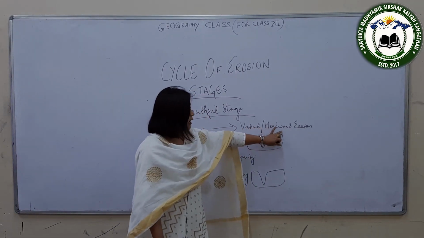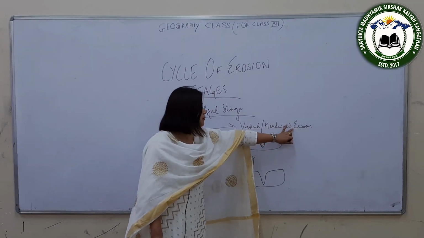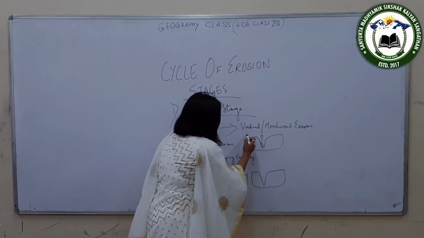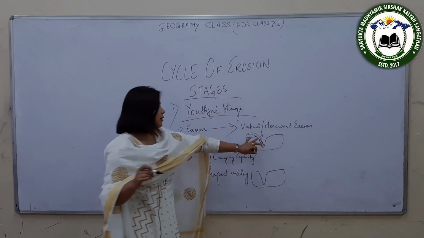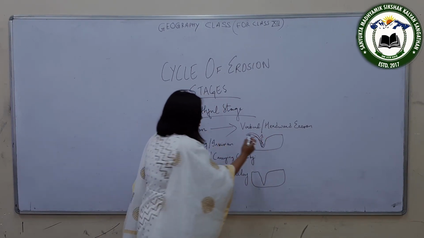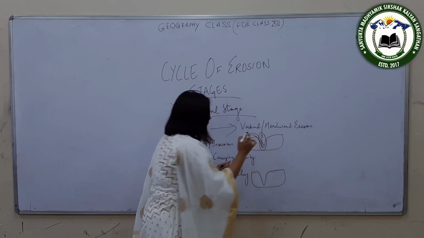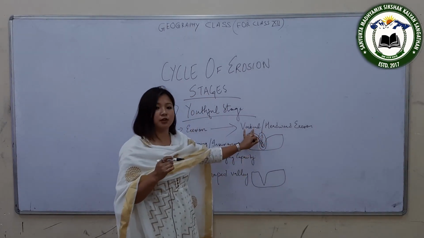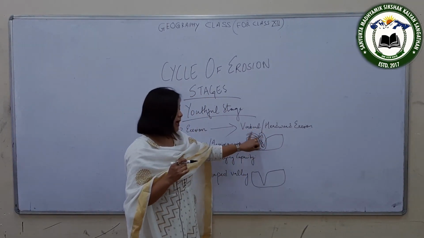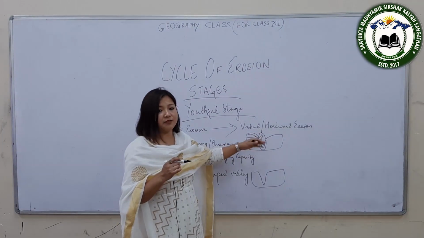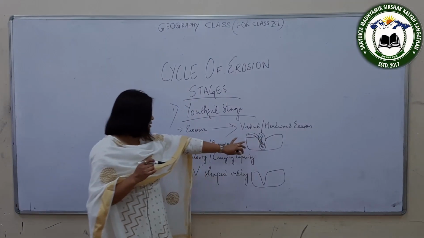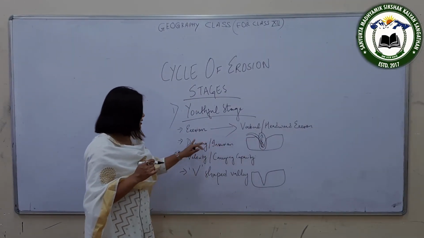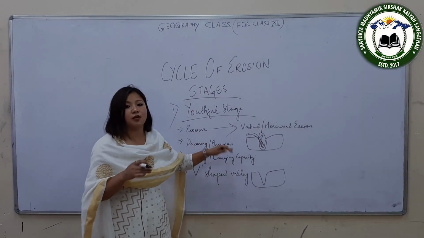Or else headward erosion. Headward erosion means the streams are flowing and the streams erode away the major stream, and thus there is the creation of vertical erosion and the major streams are being left back, and because of that there is the deepening or incision of valley.